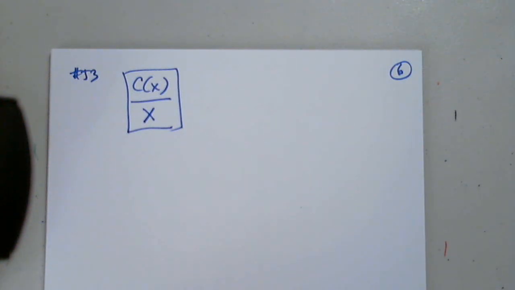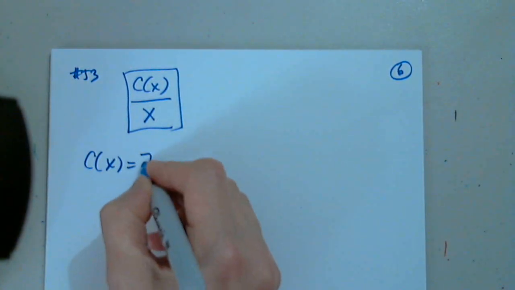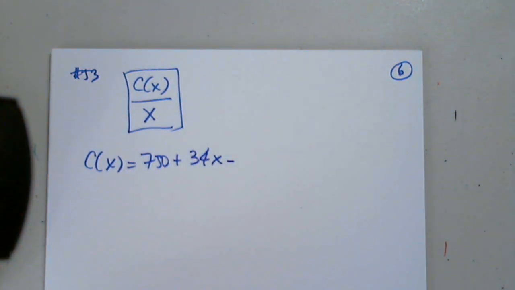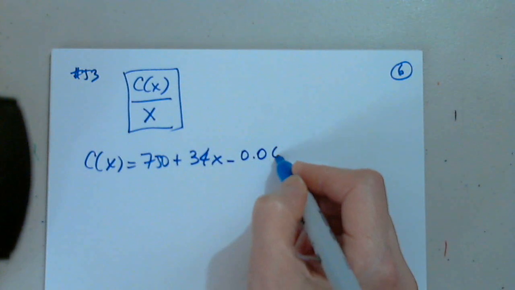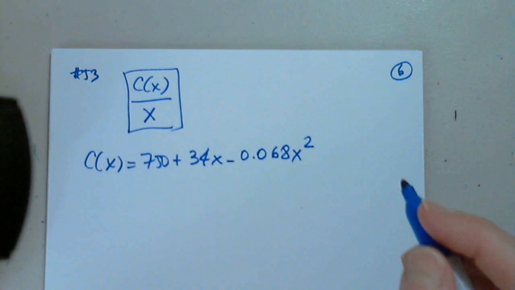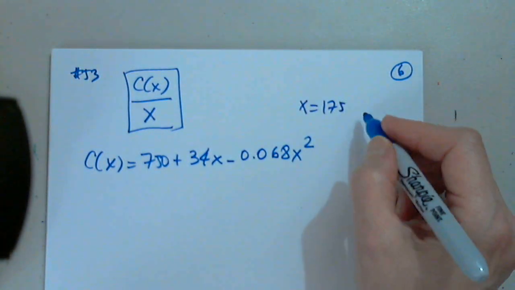Okay, so in dollars, the cost of producing X belts is given by, and I copy, C of X equals 750 plus 34X minus 0.068X squared. Find the rate at which the average cost is changing when X equals 175 units are produced.